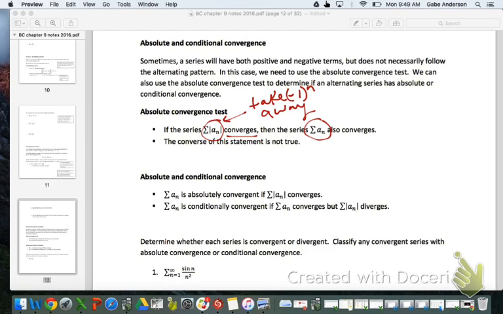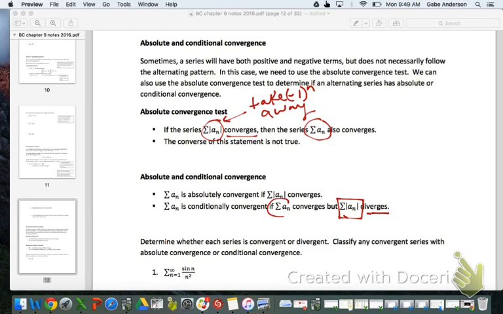I mean, I'm being a little silly there. But yeah, so if you take away the thing that helped it converge, and it still converges, then we would call that absolutely convergent, right? It doesn't need the plus minuses. However, if we take away the plus minuses by putting the absolute value in there, we get a divergence.